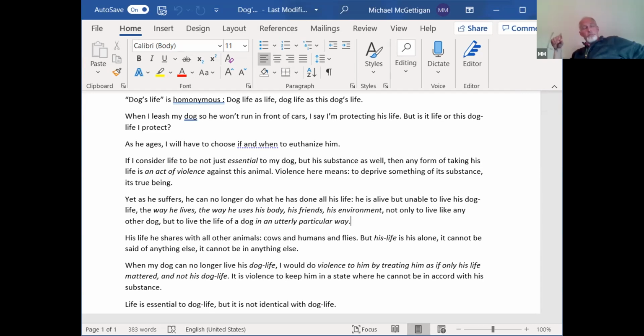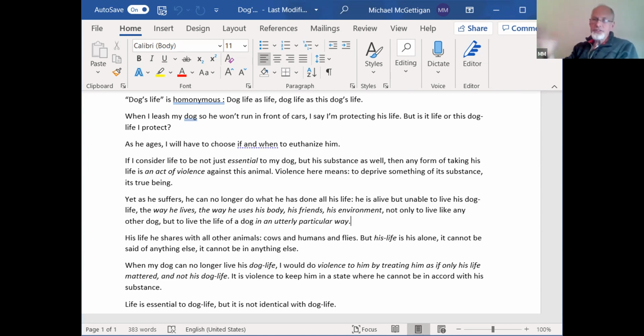Right. Yeah. No. I want to say that this distinction is something that we act on all the time, and it's not hidden from us, and yet it's very hard to bring out this distinction and get us focused on the fact that when I'm worried about my dog, I'm not worried about life as such.